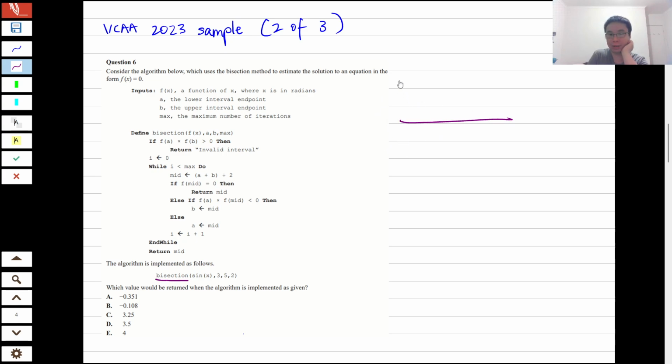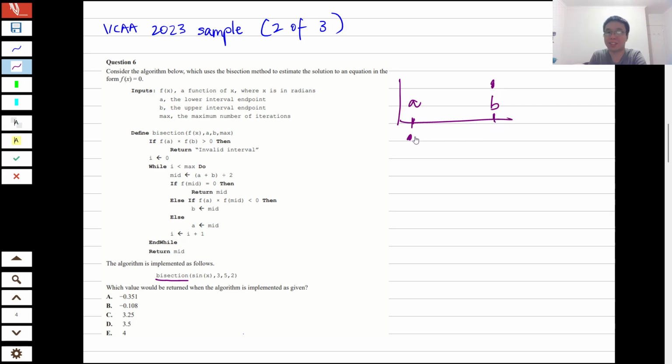Essentially, it works like this. Let's imagine I've got a continuous function f, and I know the values at a and b. And I know that the value changes sign from one point to another.